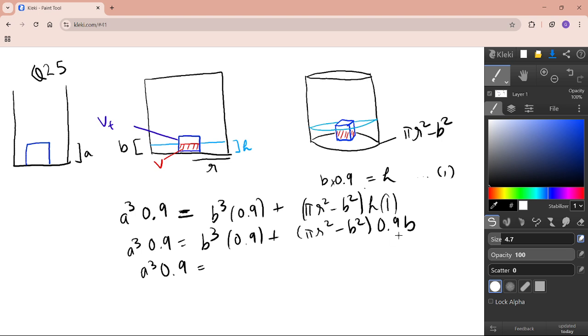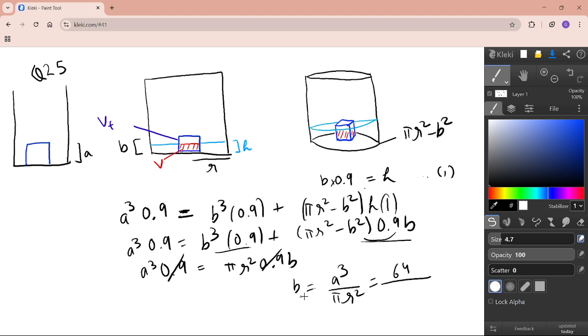After using the distributive property, this and this get cut, and what remains is pi r square times 0.9 b. The 0.9 also gets cut. Of course, we did not need this already. So we need to find b, and b is a cube upon pi r square. Simple. And a is given to be 4, so it's 64.